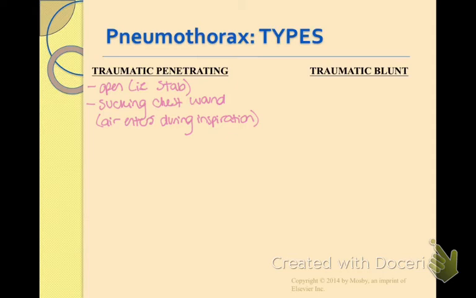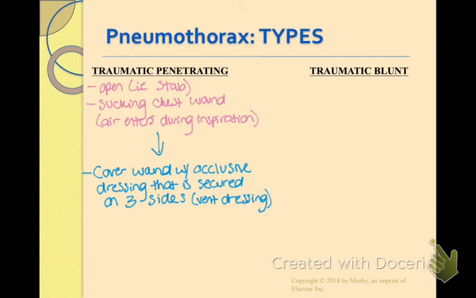So with a sucking chest wound, air is entering during inspiration. So how do we treat this? Let's think about this. If you have your lung space right here, and you have a hole right here, every time you breathe in, air is getting into that space.